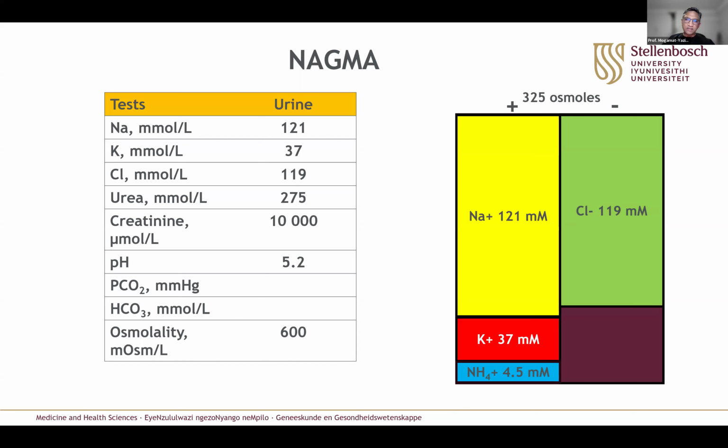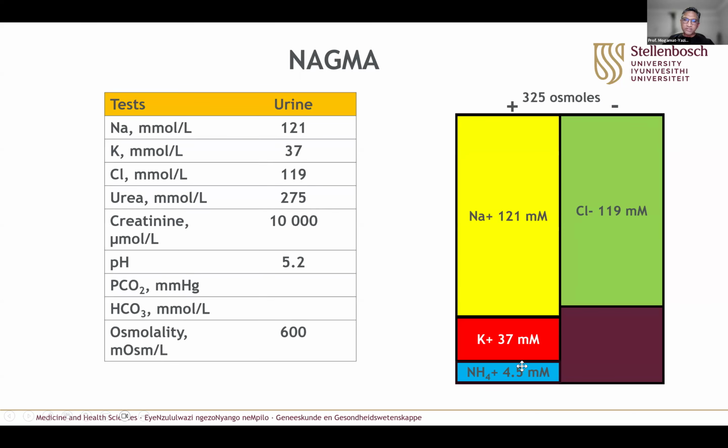Just on this, the only cations we excrete in significant quantities in the urine are sodium, potassium, and ammonium. There are very minute amounts of calcium and magnesium, but the concentrations are so small they don't really contribute much to this 163 millimoles here.